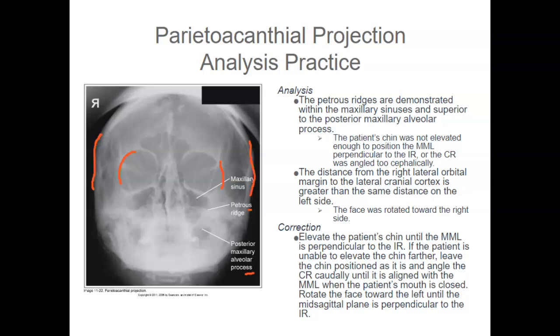So I'm going to go with we did not position the MML appropriately. So what we need to do is elevate that chin until the mental meatal line is perpendicular with the IR, and ensure that there's no rotation by aligning that mid-sagittal plane perpendicular with the IR as well.